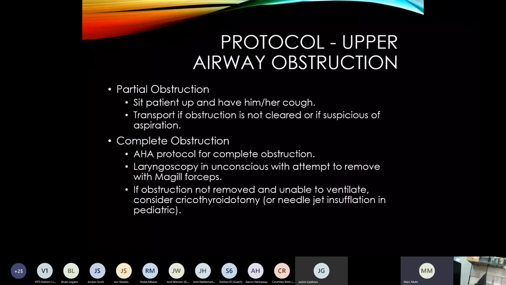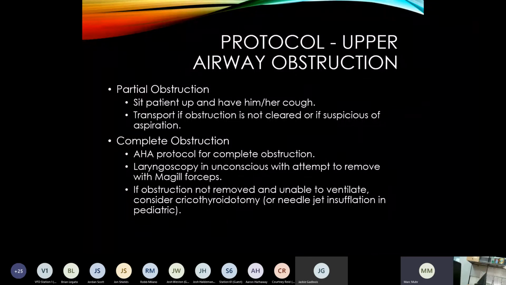Treatment for a partial obstruction: sit the patient up and try and have them cough. The most important thing is to try and have them expel the foreign body themselves. Less invasive, typically easier for them to do.